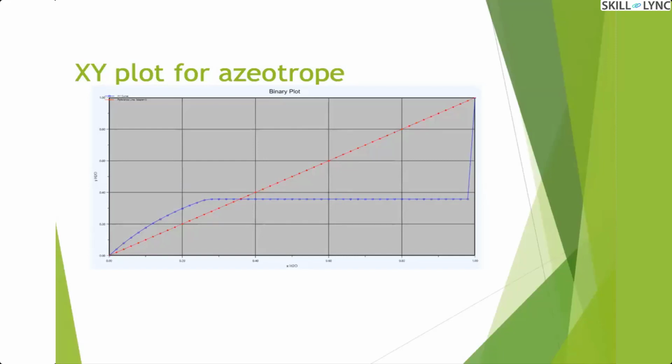Each azeotrope will have a different boiling point. So you have two components. If your azeotrope boiling point is higher than the boiling point of these two individual components, then that is the maximum boiling azeotrope. And in case the boiling point of that azeotrope is lower than the boiling point of the two components, then that is the minimum boiling azeotrope. So based on that, you can determine what type of azeotrope is going to be formed.